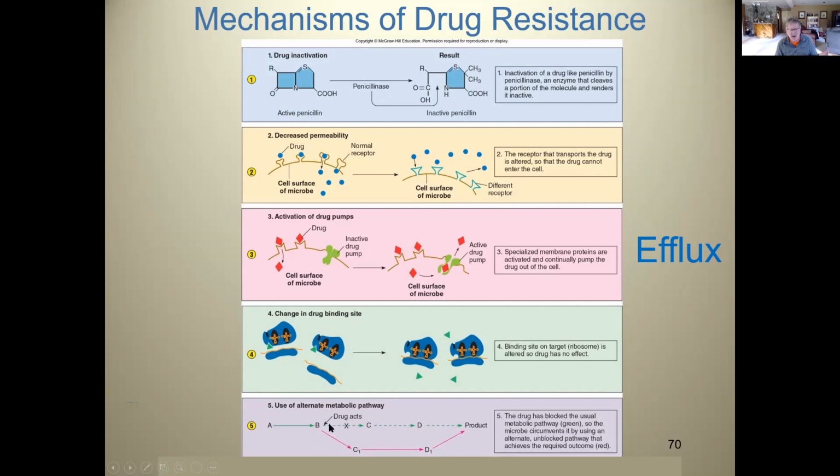Well, obviously what's going on here is we go around the action of the drug. Yeah, the drug can stop this particular reaction, but instead of producing C from B, we're going to produce a C1, and then we'll convert C1 into D, and we'll convert D1 into a product. We just do a workaround. Fascinating, isn't it?